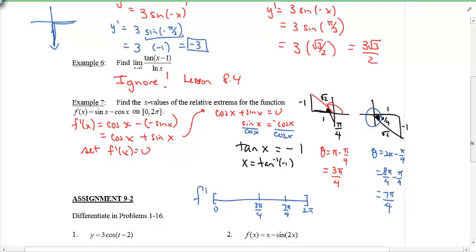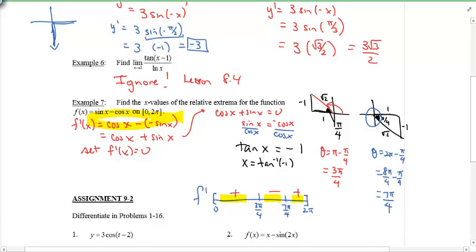Once again, how can you figure out which one's a relative max or min? You look for the sign change, which means you have to find the signs for each of these regions. I'll let you just plug in values into the derivative, but I've already done it. This one's positive, this one's negative, this one is positive.